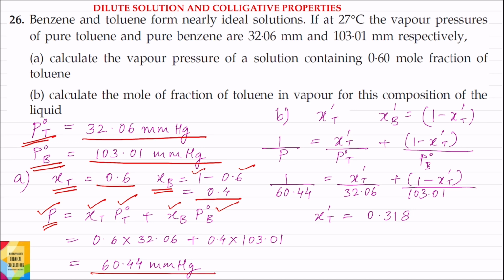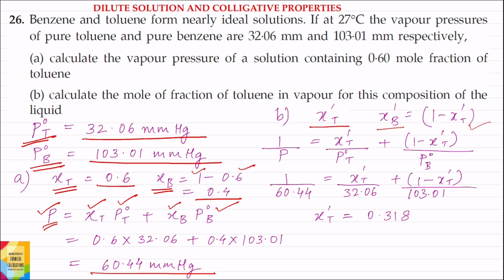Part B, calculate the mole fraction of toluene in vapor for this composition of the liquid. We have to calculate the mole fraction of toluene in vapor, so let the mole fraction of toluene in vapor state be x dash t. Now mole fraction of benzene in the vapor state, that is x dash b, will be equal to 1 minus x dash t. Why?